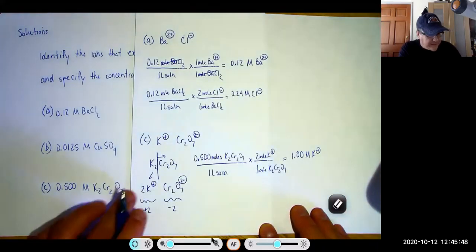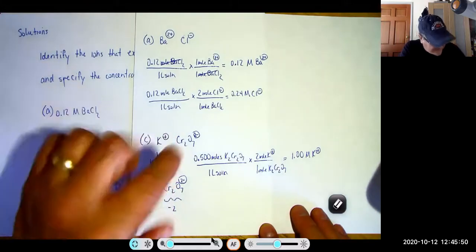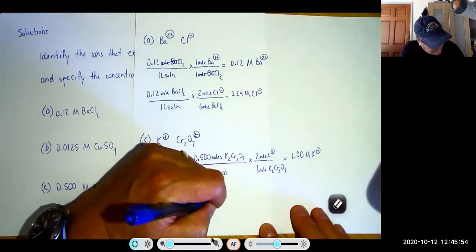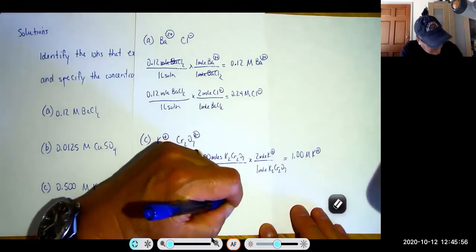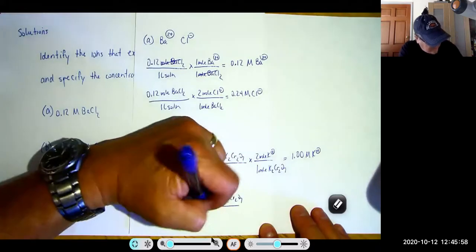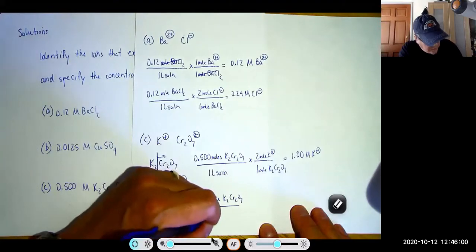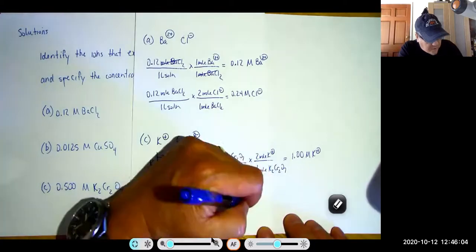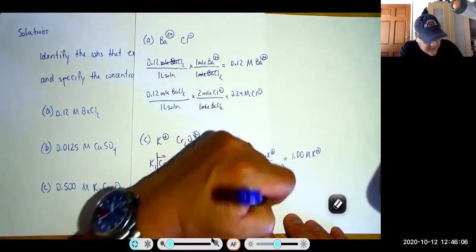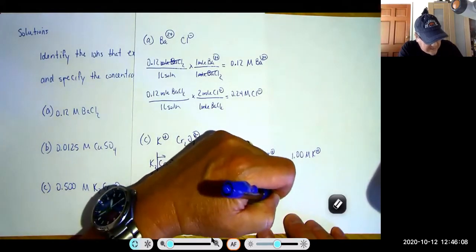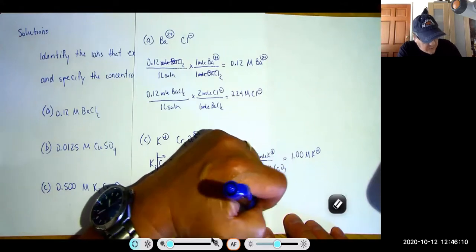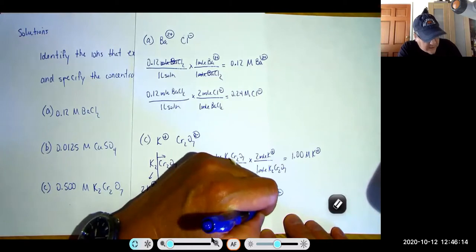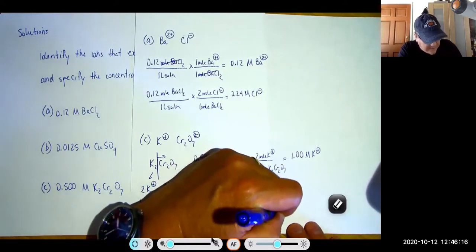And this is called dichromate. We would do it in a similar fashion, only it would be 1 mole of dichromate per 1 mole of potassium dichromate.